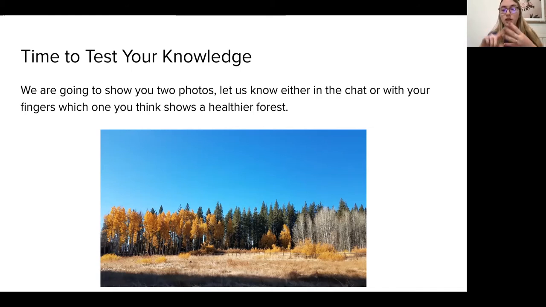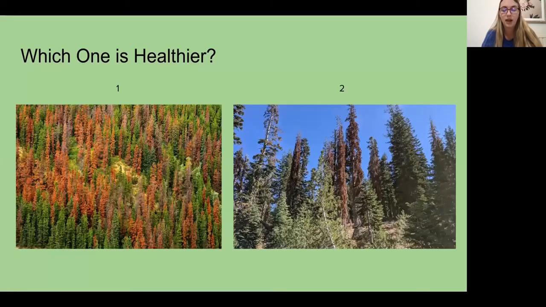So I want you to really keep those four factors in mind when you're looking at these photos, and I want you to write down some observations or have a discussion with whoever you are doing this field trip with. And again, remember, we're only getting a snapshot of these forests, so we are making an assumption that what we're seeing is true for the entire forest. So here is our first question, and I am going to set my 30-second timer. Make sure that you are making some observations, and then I will have a discussion about which one I think is healthier.